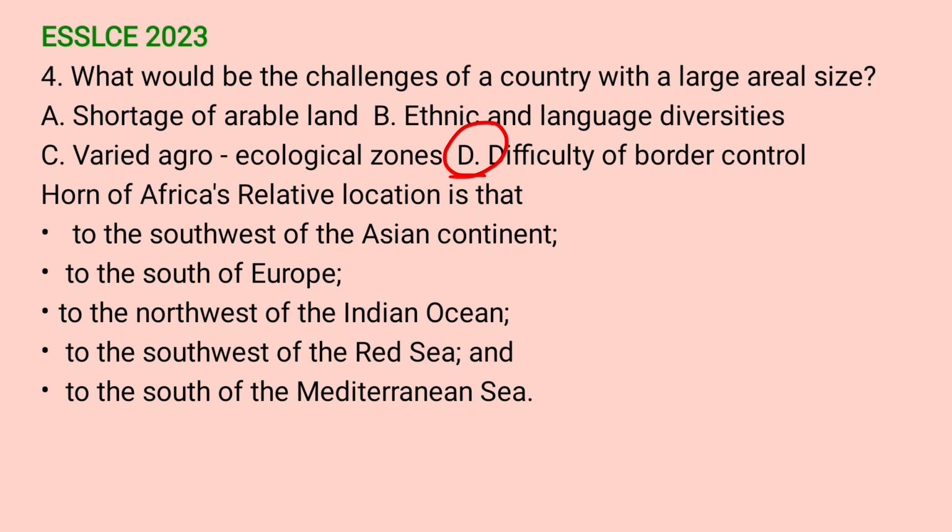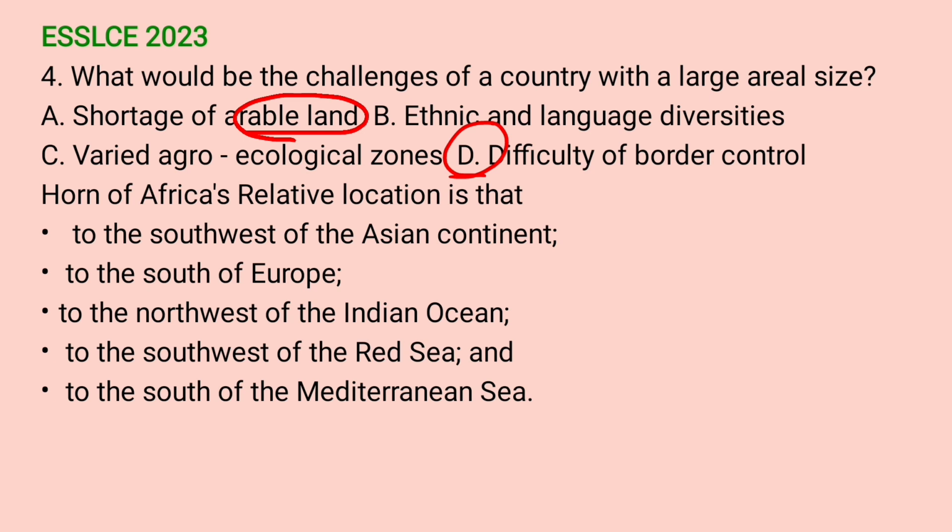The Ethiopian Secondary School Leaving Certificate Exam of 2023 asks: what will be the challenges of a country with a large areal size? A, shortage of arable land. This is not a challenge of countries with large areal size, but an advantage: not shortage, but large arable lands. B, diversities of lingual and ethnic groups. This is again a benefit.